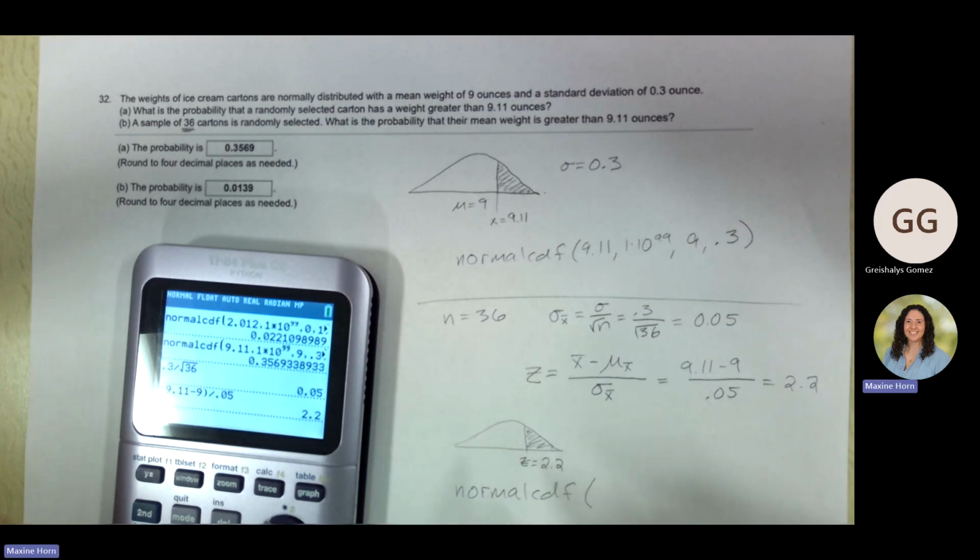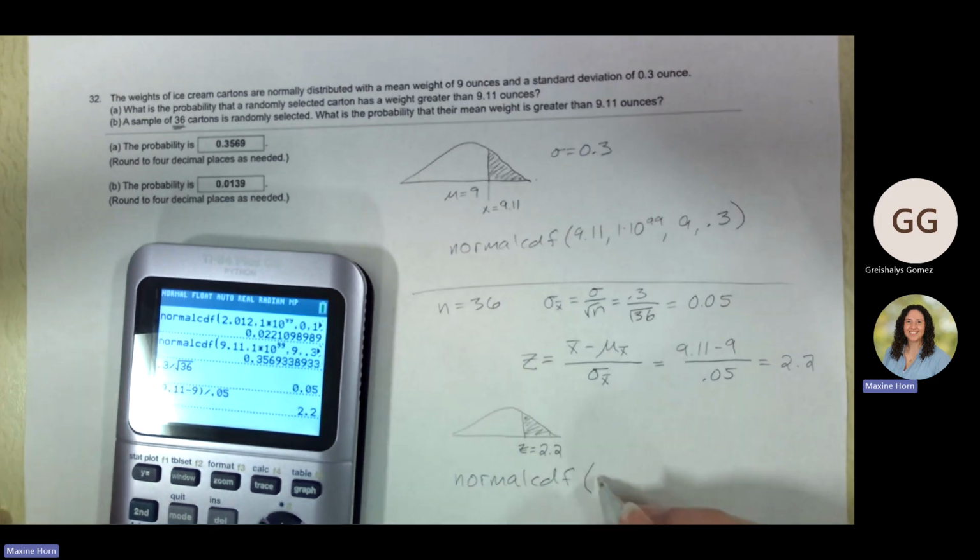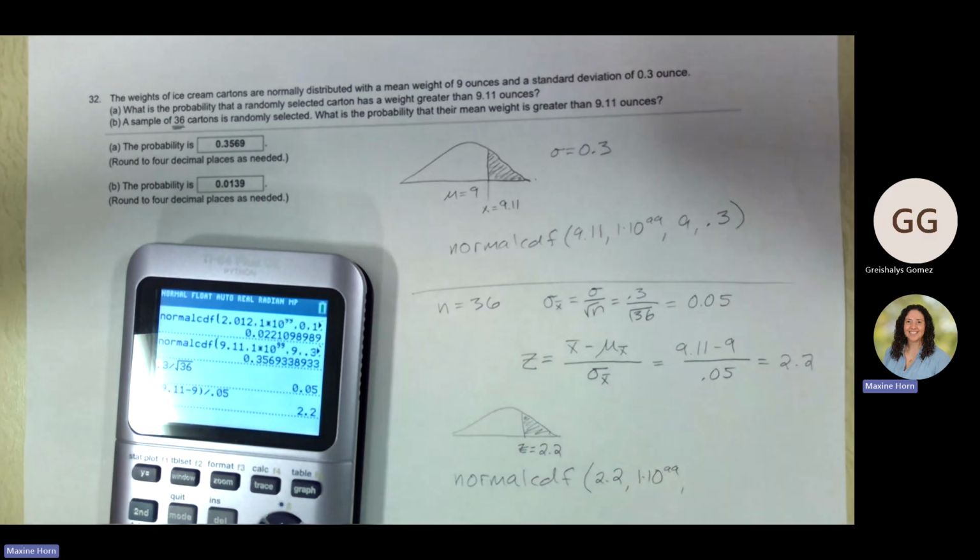Our lower bound is our Z-score of 2.2. Our upper bound is infinity, which I can't write, so I'm writing 1 times 10 to the 99th. Because I gave it a Z-score, I need to use a mean of 0 and a standard deviation of 1.